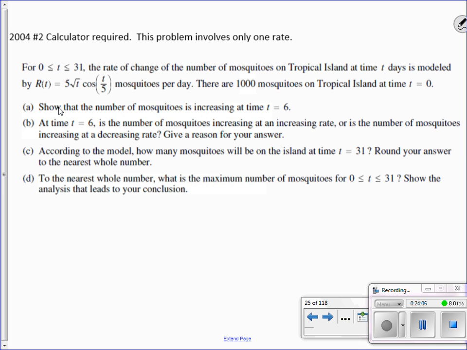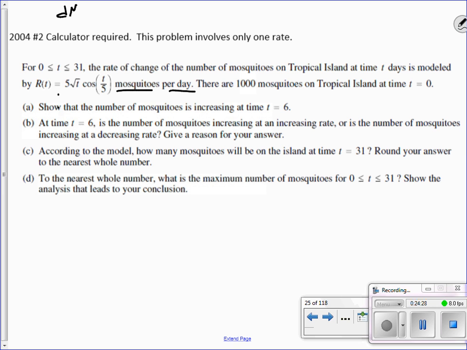So the first part, show the number of mosquitoes is increasing. You just want to find out if that rate of change is positive or negative. You just plug 6 into that. And it was increasing when you plug 6 into R of t. Because remember, R of t, I know it doesn't look like a derivative, but look at the units. Mosquitoes per day.